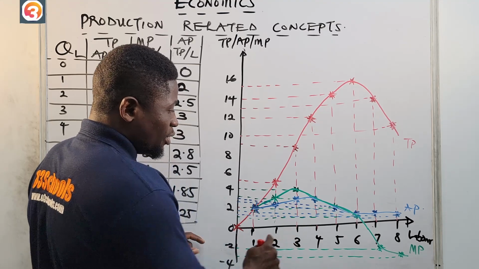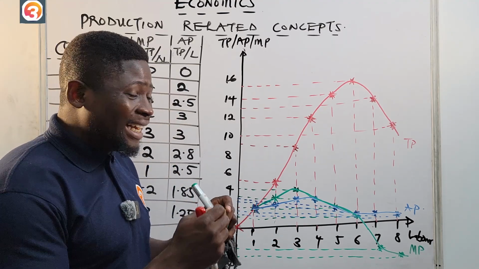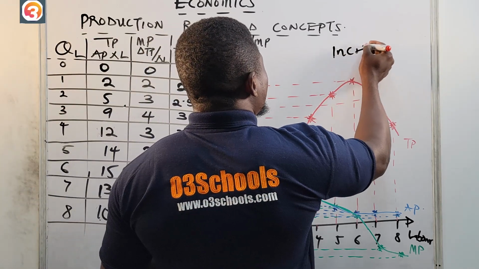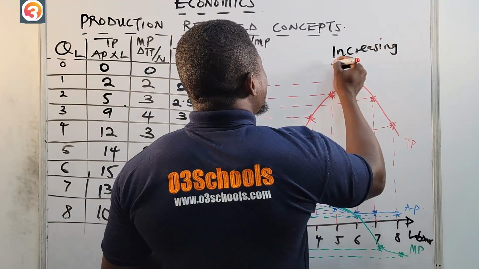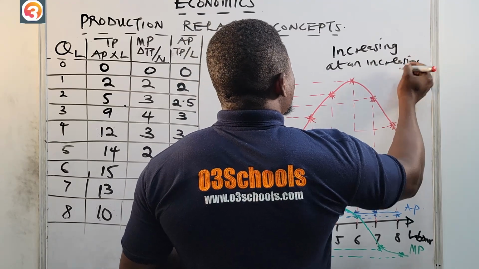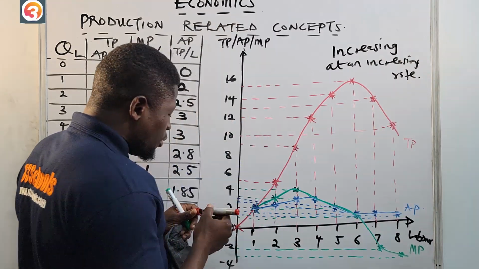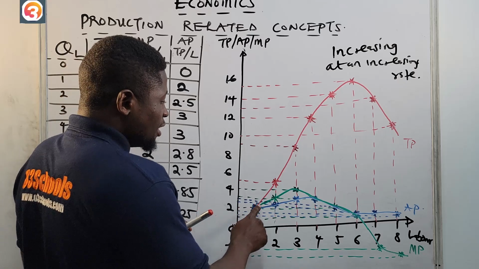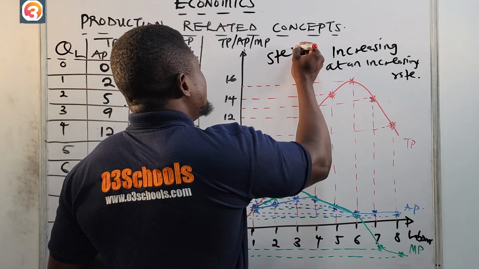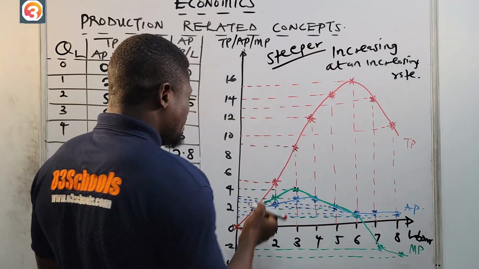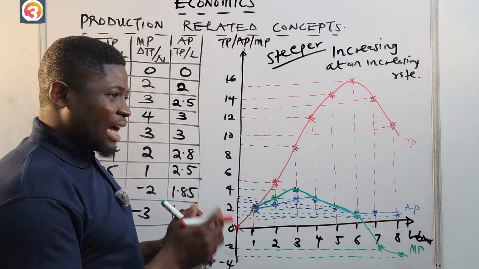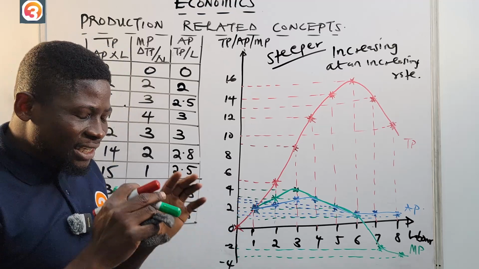Productivity is increasing at an increasing rate. The curve becomes steeper and steeper, indicating that productivity is very, very high.